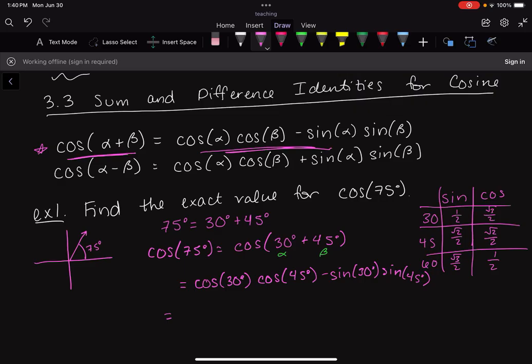And so then the nice thing about using this is that we already know cosine of 30, cosine of 45, sine of 30, and sine of 45 because those are in the table. So cosine of 30 is square root 3 over 2. Cosine of 45 is root 2 over 2. Sine of 30, 1 over 2. Sine of 45, root 2 over 2.